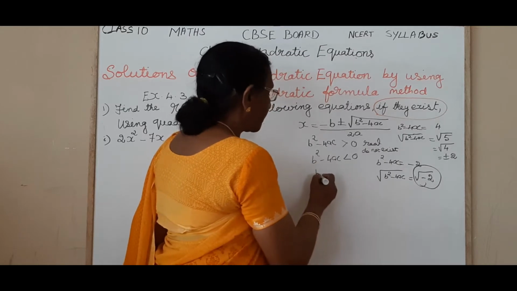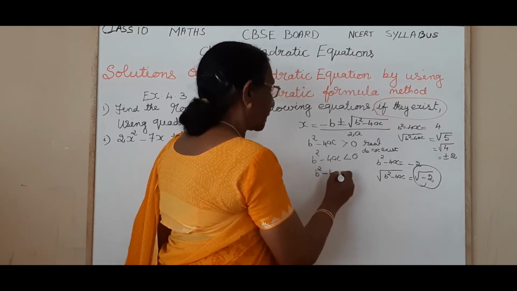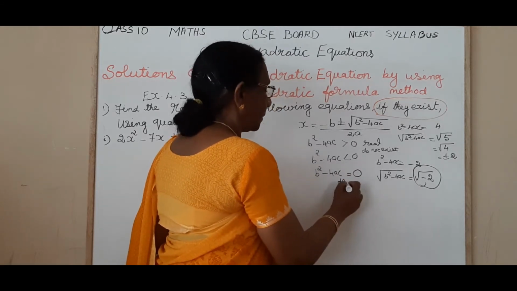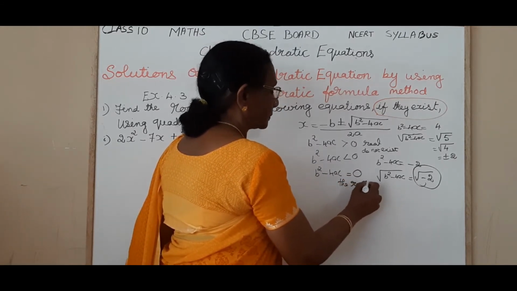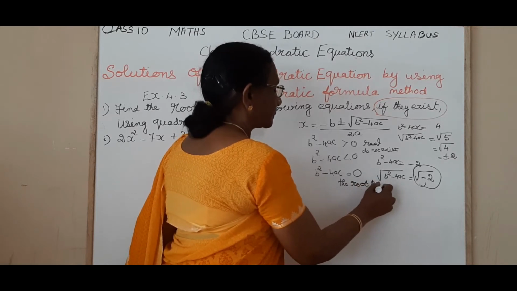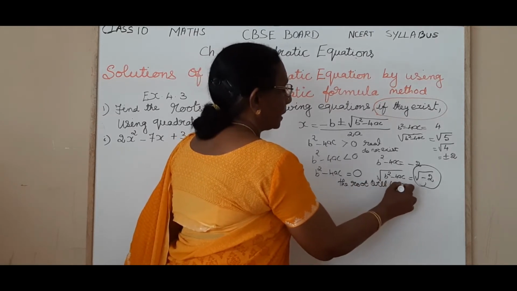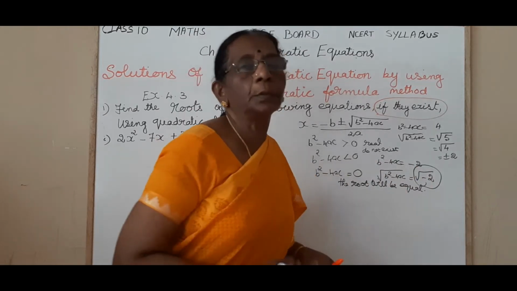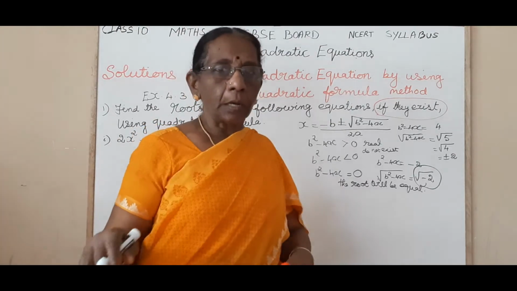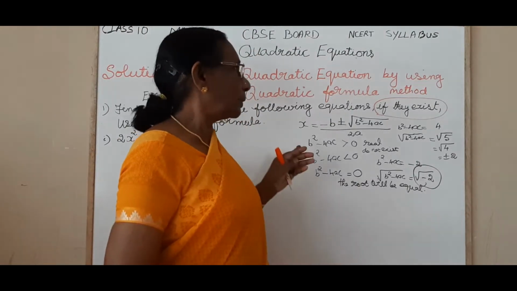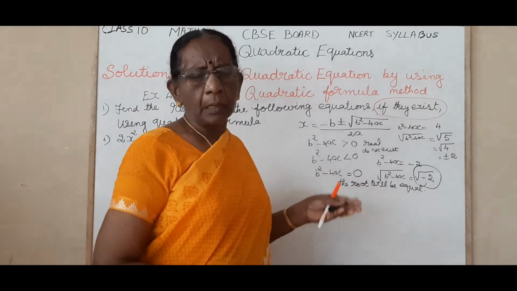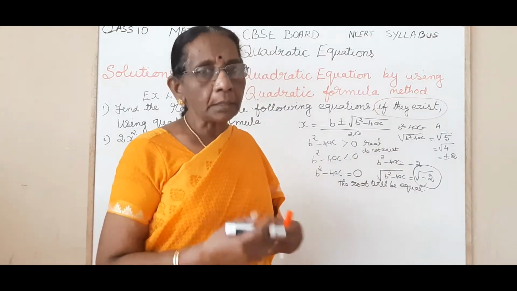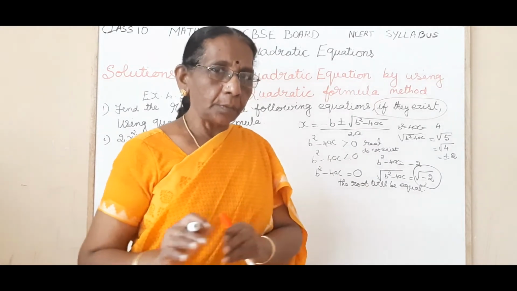Suppose you get b squared minus 4ac equal to 0, then the roots will be equal. These are the three conditions you should know. Sometimes you may get a 1 mark question in which the equation will be given: check whether the roots of the given quadratic equation exist or not. At that time, you have to calculate b squared minus 4ac.